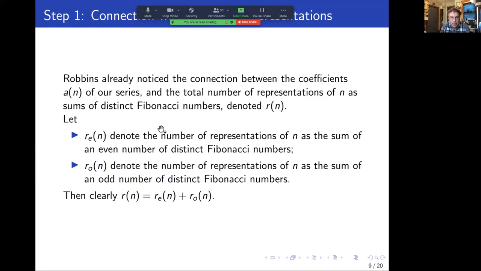Okay, and so you could also let Re of n be the number of representations of n as the sum of an even number of distinct Fibonacci numbers, and Ro of n denote the number of representations of n as the sum of an odd number. And then clearly, R of n is just going to be Re of n plus Ro of n, right? That doesn't require much thought.